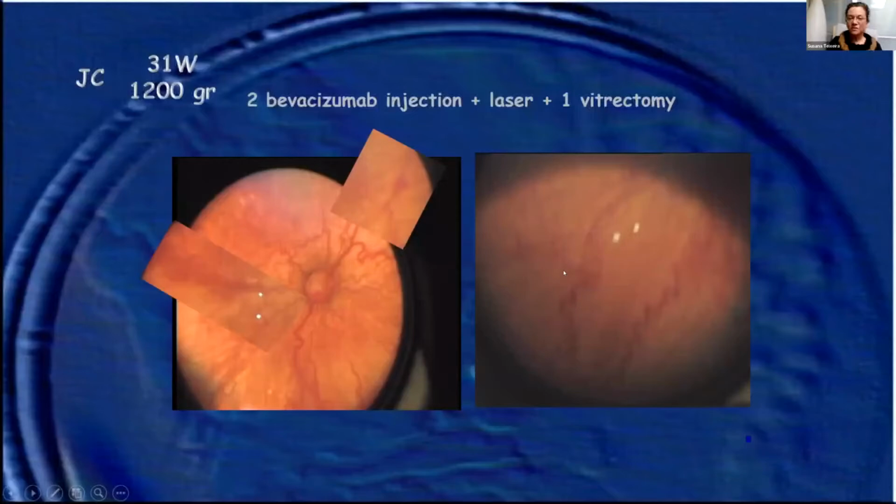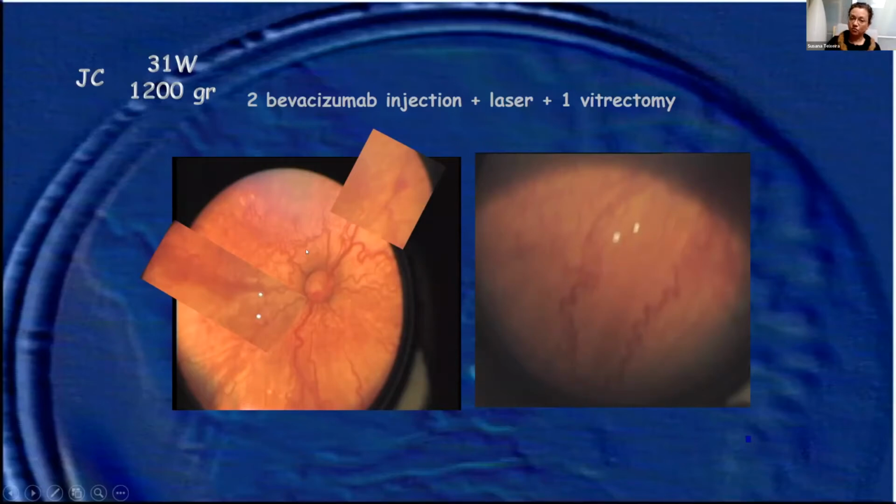Finally, I show you my nightmare. It almost made me lose my faith in anti-VEGF. It was not a very little baby, but it had some kind of aggressive posterior ROP, and it did not behave normally. It's the only baby I had to inject twice.